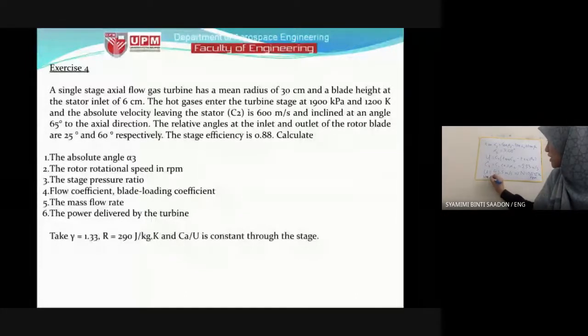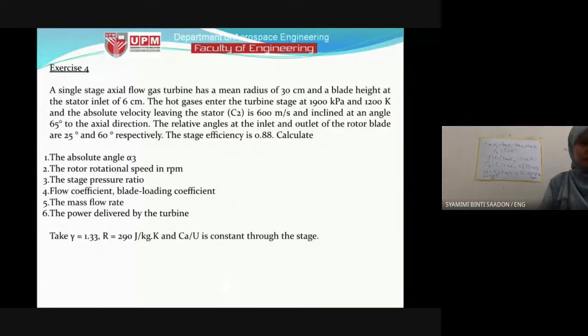U is actually pi N D over 60 seconds. So just calculate back: U multiplied by 60, divided by pi and diameter. So that is the rotational speed in RPM from U to N.